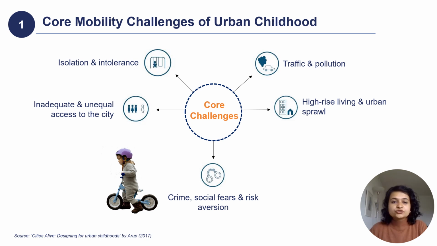These factors have led to isolation and intolerance, significantly affecting children's ability to move freely in their environment. But the question is, how did we land in this situation? Let's rewind a little.